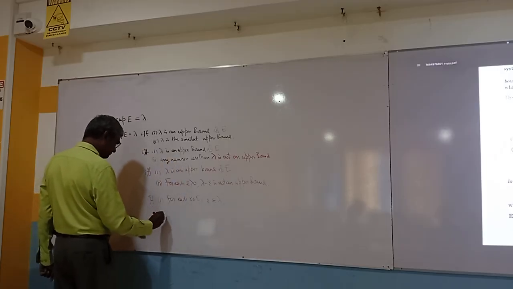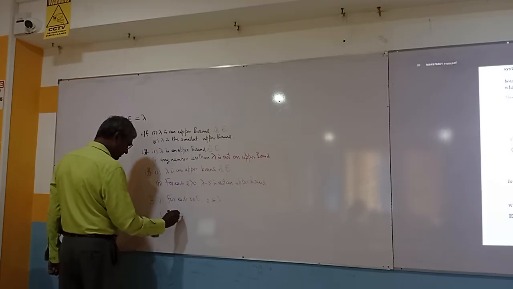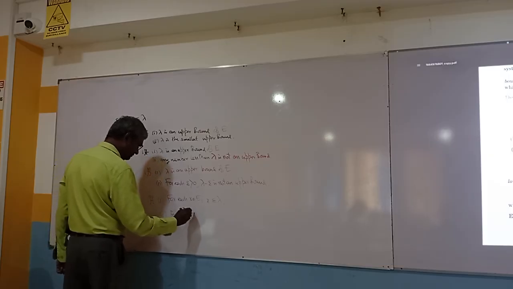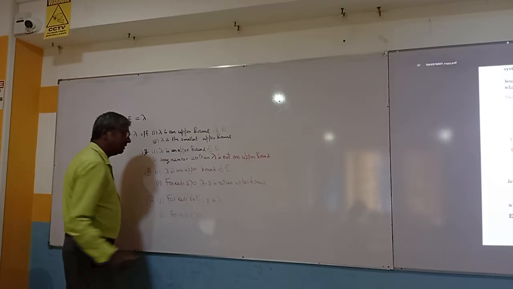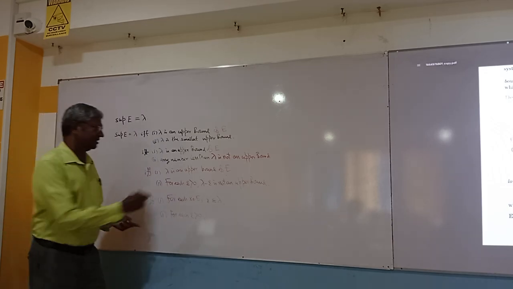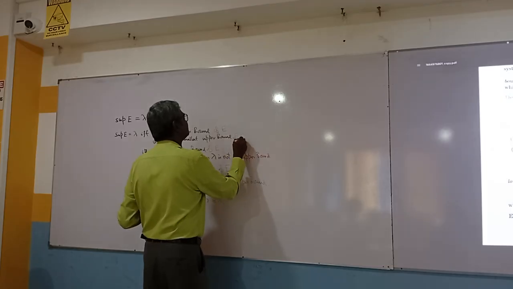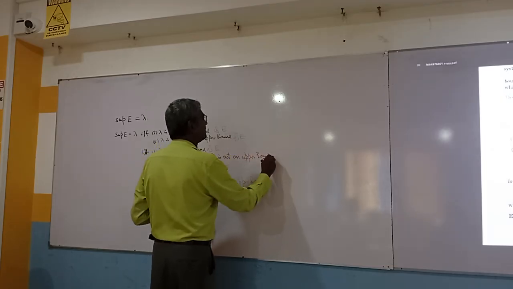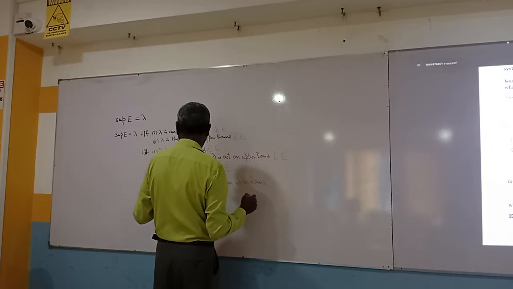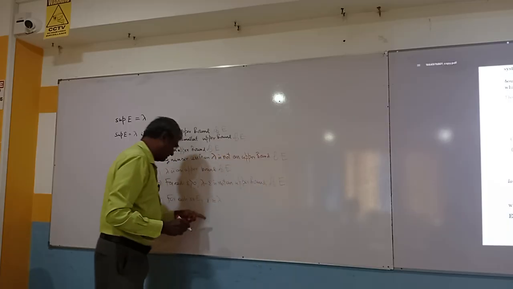So for epsilon greater than 0, lambda minus epsilon is not an upper bound of E means what? What does it mean?